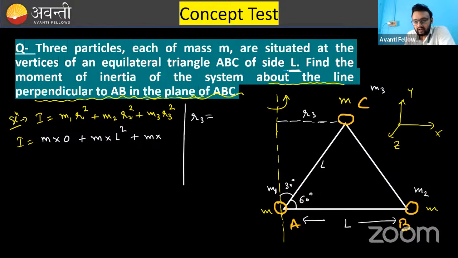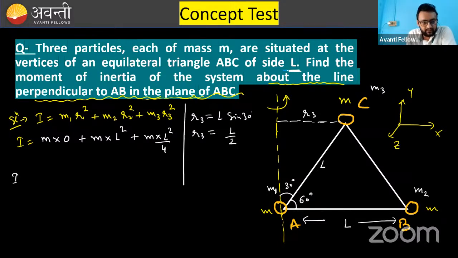Perpendicular is hypotenuse into sine theta, that is L by geometry. You can also calculate that. I am just telling you a way to calculate these things. So R3 is what? L by 2. So if you square it, it will become L square by 4.